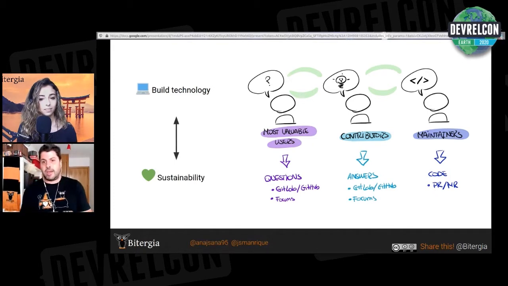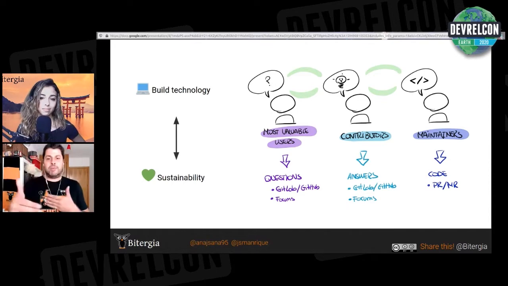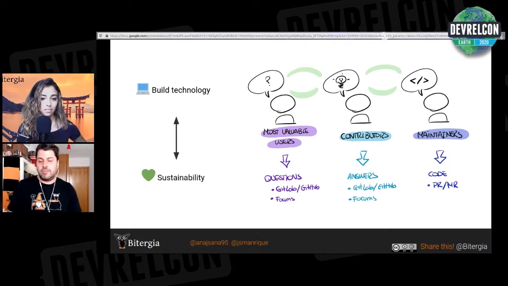That next level would be: I would like to contribute to this because I'm used to using this technology and I can answer questions, or I can even submit ideas on how to fix the problems of the issues I have found. I think that is a next level of knowledge of the technology itself from a developer's point of view. And once these people start to contribute and keep contributing regularly, or the code they contribute is accepted by the maintainers, they are already becoming maintainers of the technology itself.